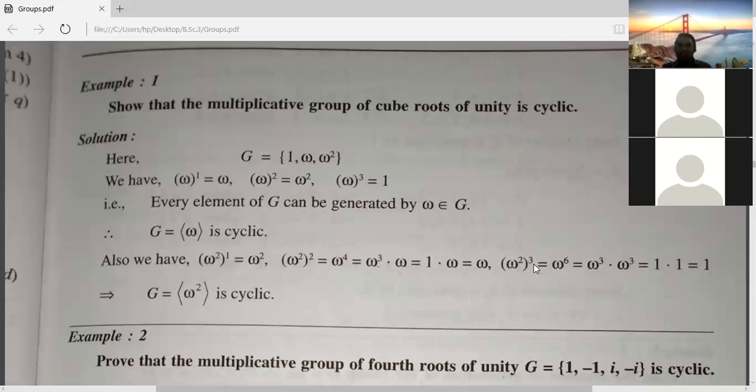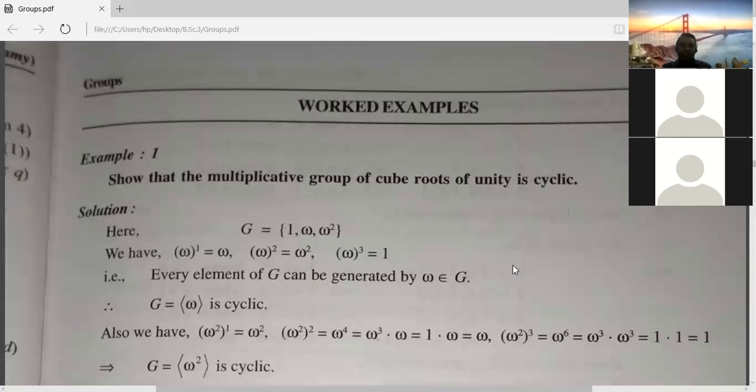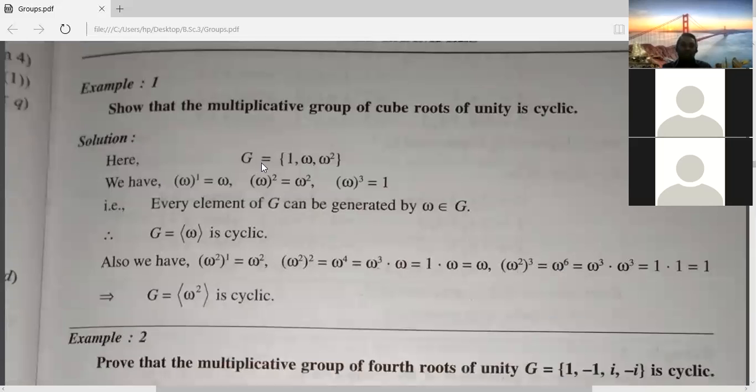Similarly, if you raise omega square to the power 3, you get omega to the power 6, which is omega cube into omega cube, that is 1 into 1, equal to 1. That means the elements of G can be expressed as powers of omega square. So G is also generated by omega square, which means omega square is a generator of G. That means there are two generators: one is omega, the second is omega square.